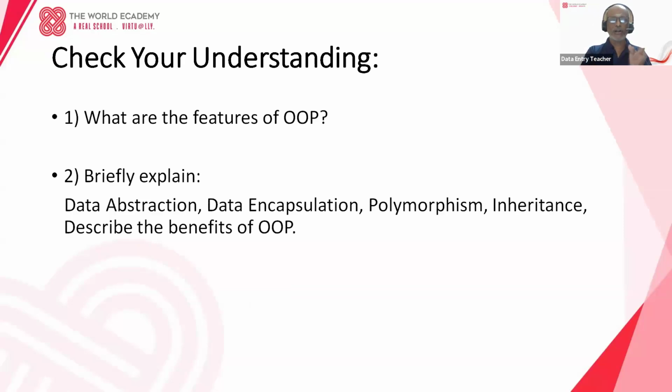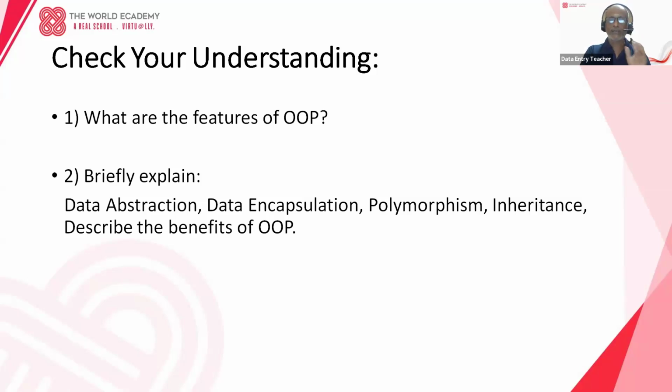Then explain briefly all this. Data abstraction is what? Showing essential features while hiding implementation details. What is data encapsulation? Binding the data and functions into a single unit class to secure data. What is polymorphism? Allowing the same function or operation to behave differently based on context.